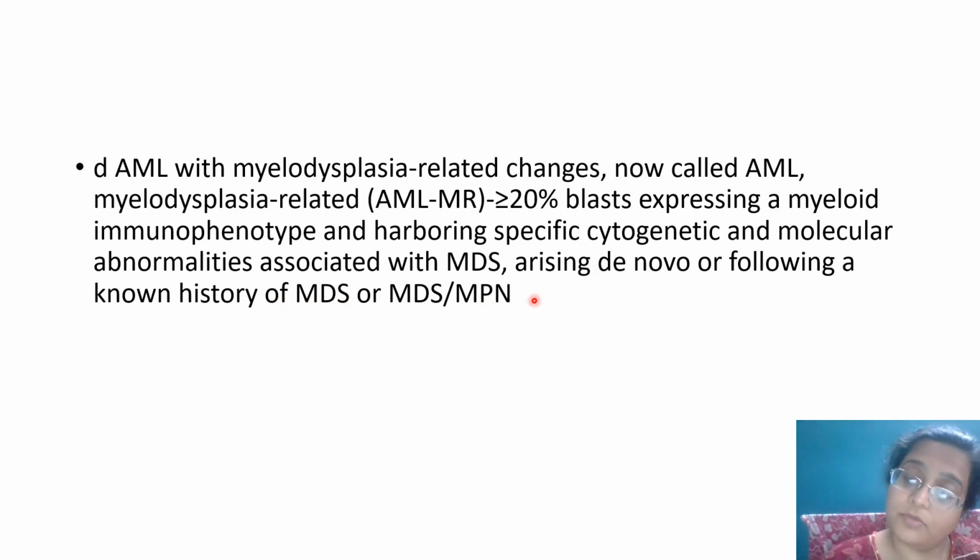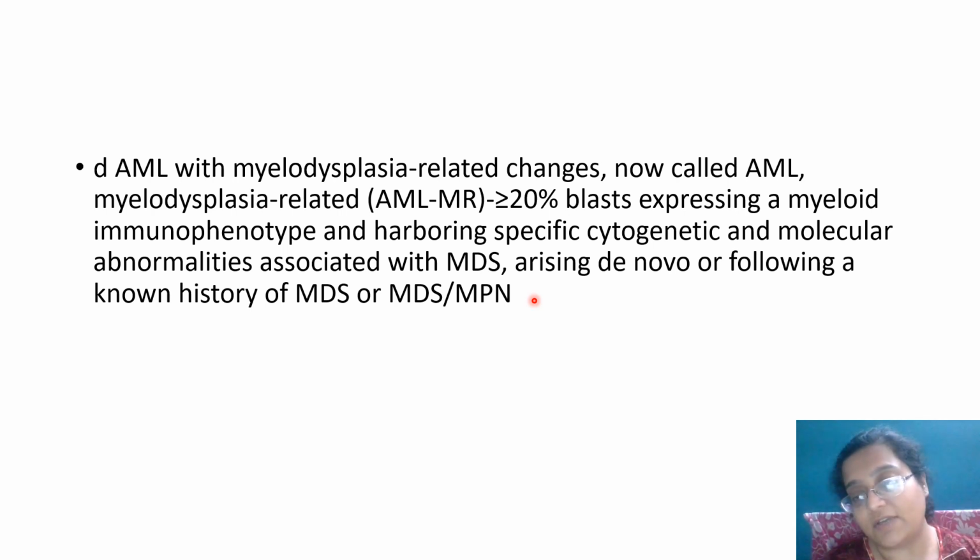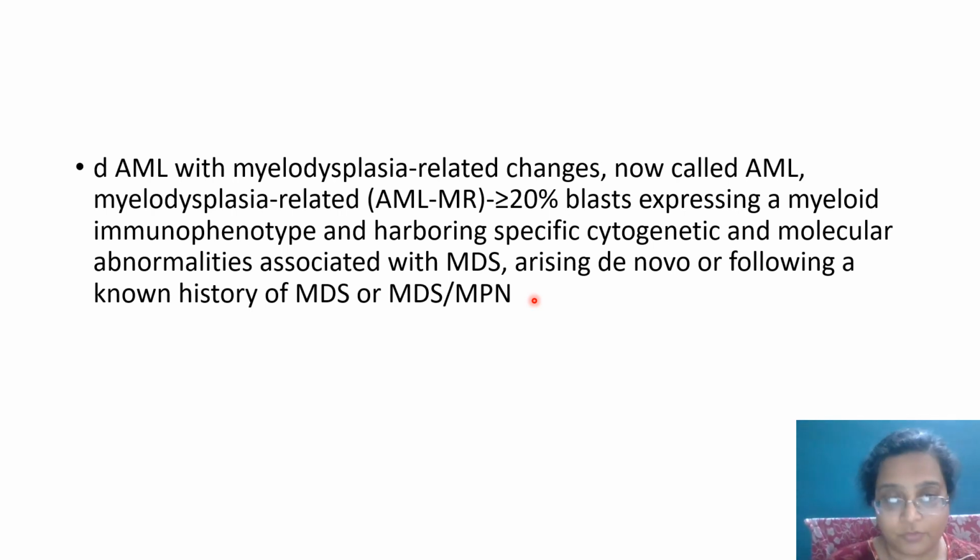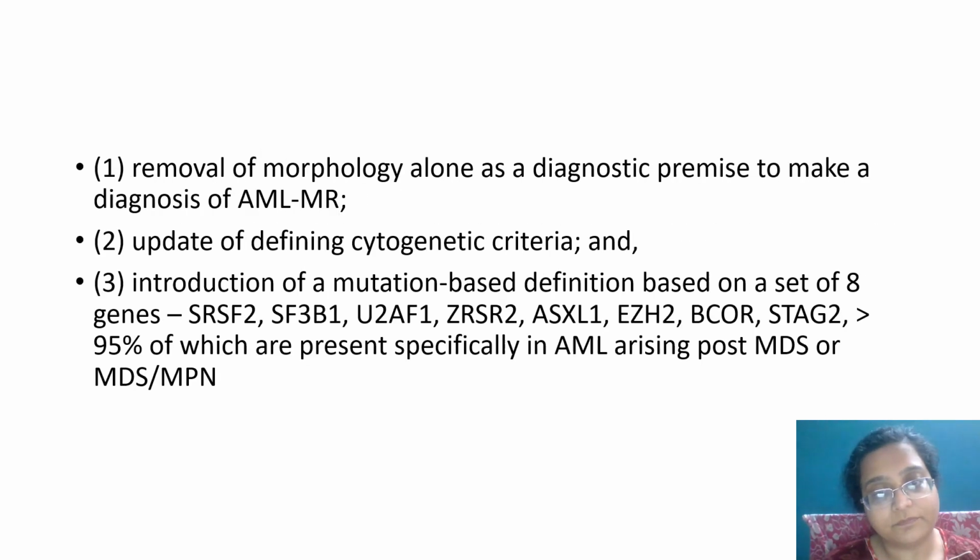What are the cytogenetic abnormalities? I told you before. Complex karyotype, isochromosome 17q, 5q deletion, unbalanced loss of 5q, monosomy 7, deletion 7q, unbalanced loss of 7q, 12p, 17p, those. Fine. Removal of morphology alone as a diagnostic premise to make the diagnosis of AML-MR, a good point. Cytogenetics is important.